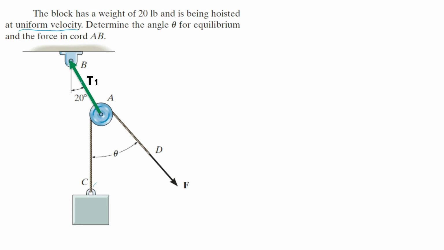So this T1 is pulling this pulley going to the second quadrant, while for this cord, I will call this my T2, and this cord is pulling my pulley going downward. And since this is a continuous cord, this is also T2, but the direction of my T2 is going to the fourth quadrant.